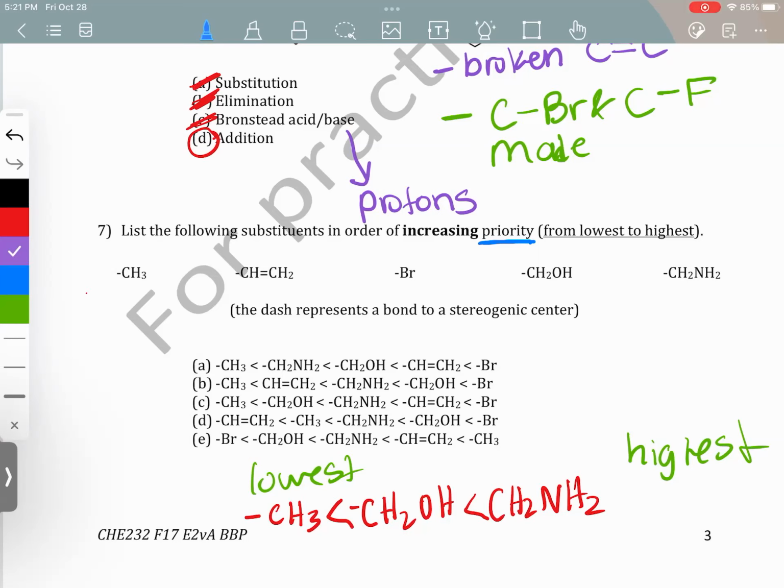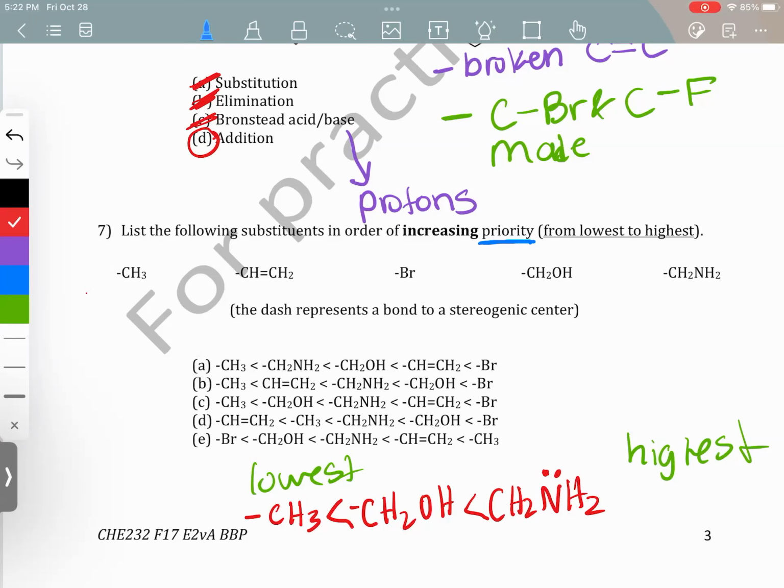Size does decrease going from down and up on the periodic table, but what I want you to pay attention to is this NH2 attachment at the end here. That means that nitrogen has what? A plus charge. It means it has a lone pair. This nitrogen has a lone pair.